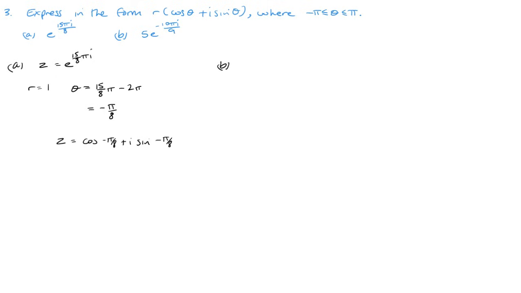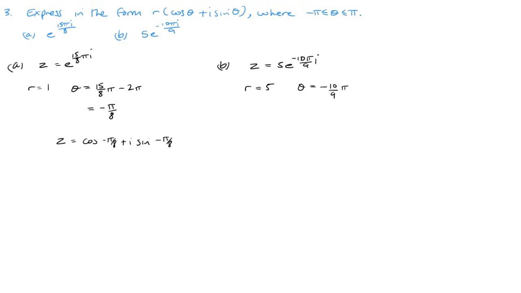Let's now look at B. So we've got z equals 5e to the minus 10 pi over 9i. So r equals 5, and currently theta equals minus 10 over 9 pi. And 10 over 9 is obviously bigger than 1, so this is outside of the range.